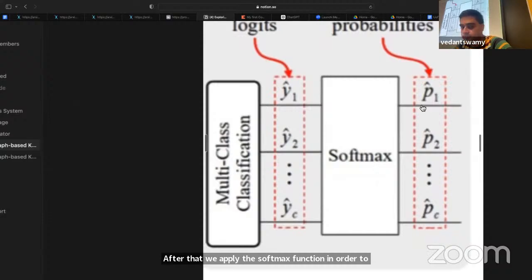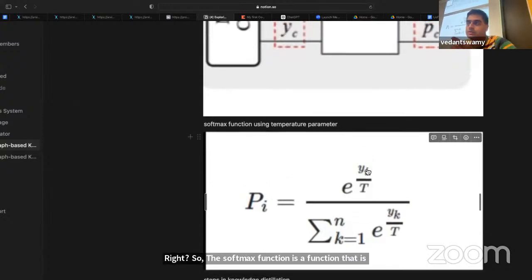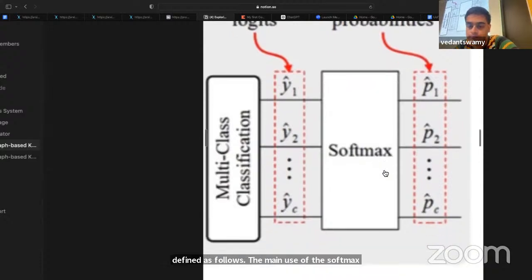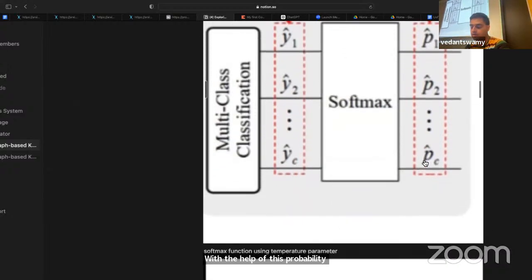The softmax function is defined as follows. The main use of the softmax function is to get a probability distribution.